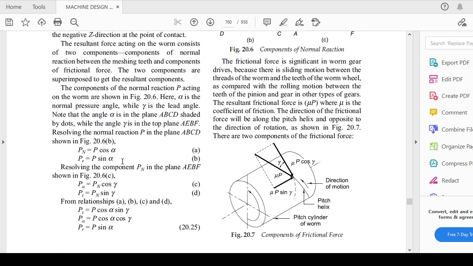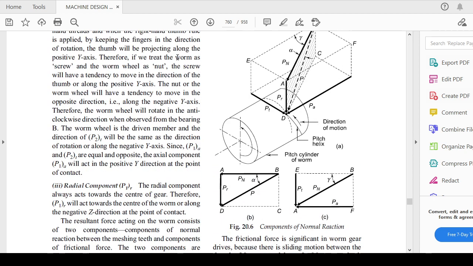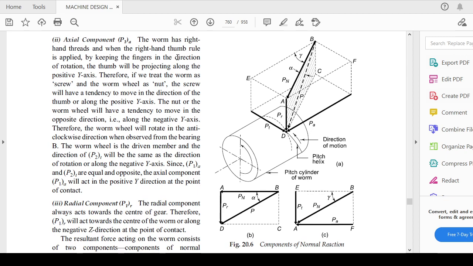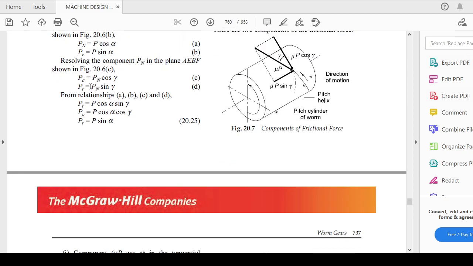If you resolve this normal load in the plane AEBF from this figure, then the axial load will be equal to Pn cos gamma and Pt will be equal to Pn sin gamma. Instead of Pn, you can write P cos alpha. So PT will be equal to P cos alpha sin gamma, PA will be equal to P cos alpha cos gamma, while PR is already calculated, which is P sin alpha.